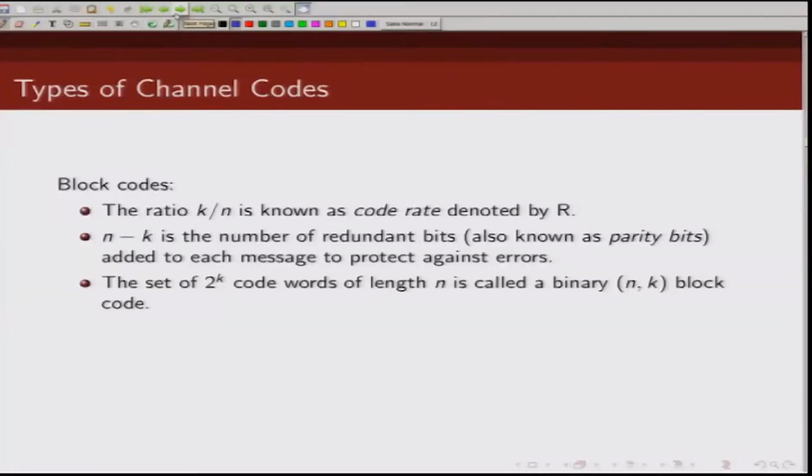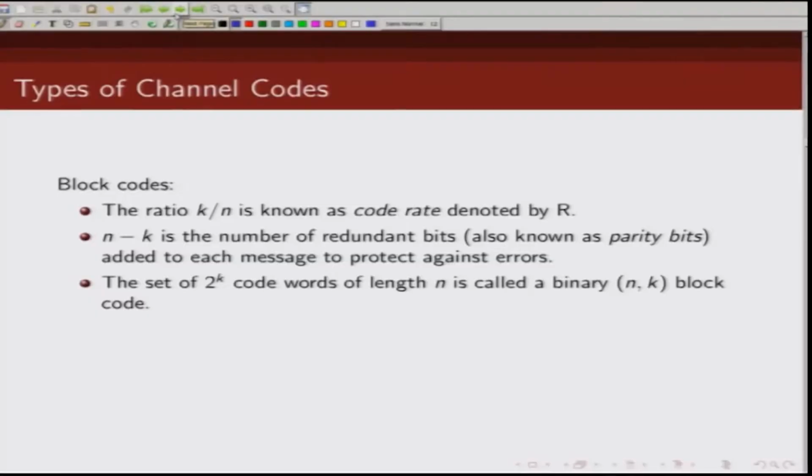Without loss of generality, in this set of lectures we will consider binary code words. So our information sequence consists of zeros and ones, and similarly our code sequence also consists of zeros and ones. Since we are considering a block of k bits and binary code words, the number of code words is 2 raised to power k.